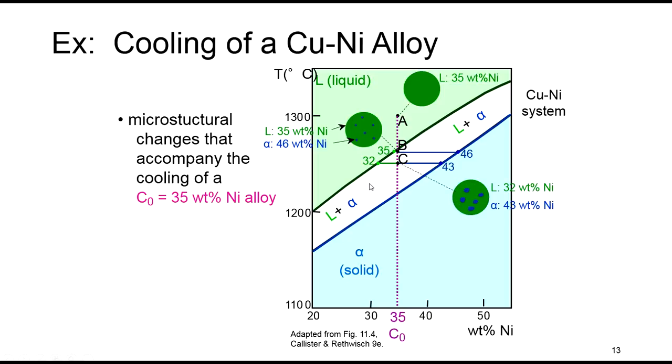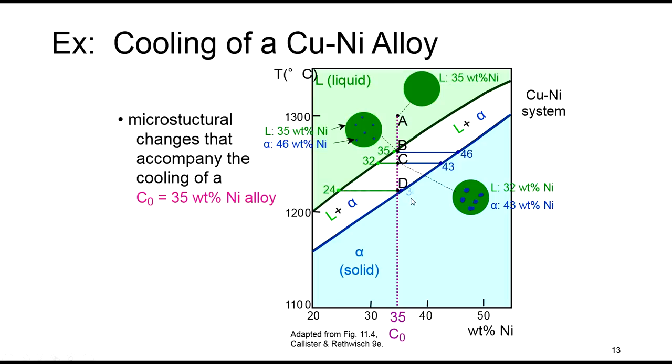At point C, of course we are expecting more weight ratio of alpha phase, because we are getting closer to the alpha phase. As you can see, these spots are becoming larger. The green surrounding is liquid. In the liquid part we have 32 weight percent of nickel, and in the solid part we have 43% of nickel.